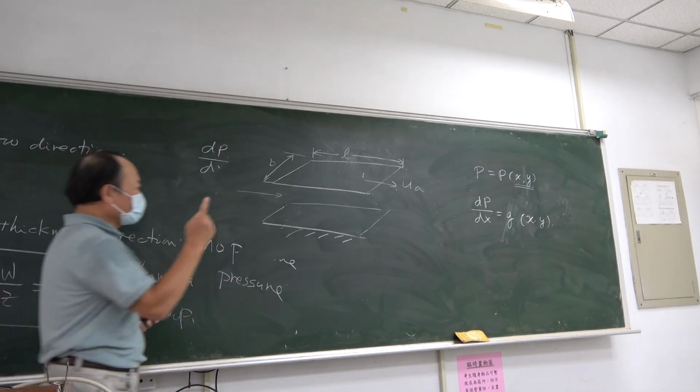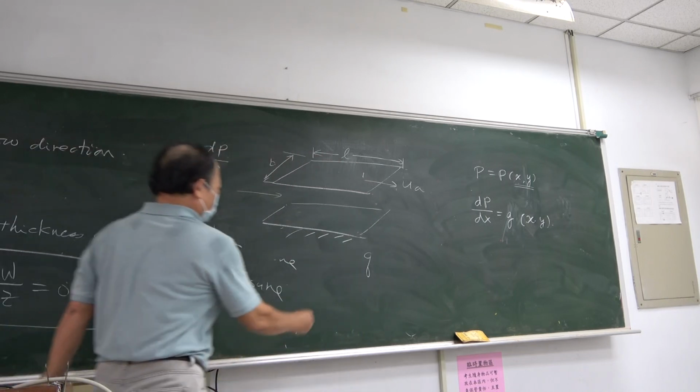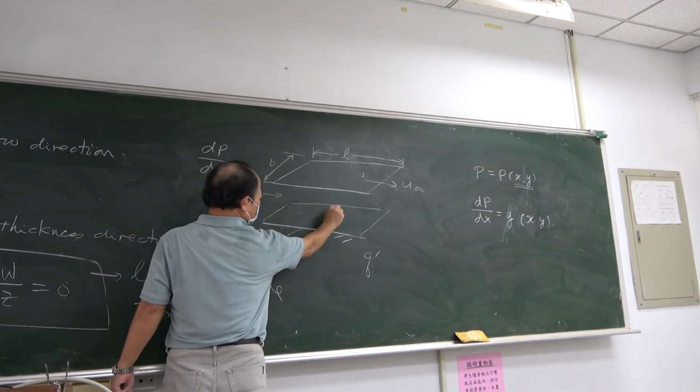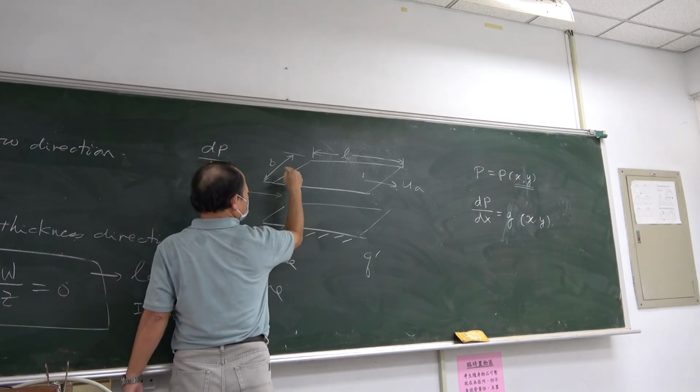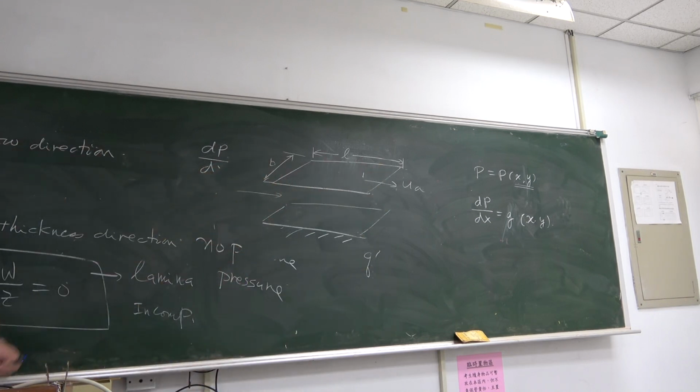Now we define the Q prime. Because the flow rate depends on the velocity distribution, and also on the width and the length of the flow channel.